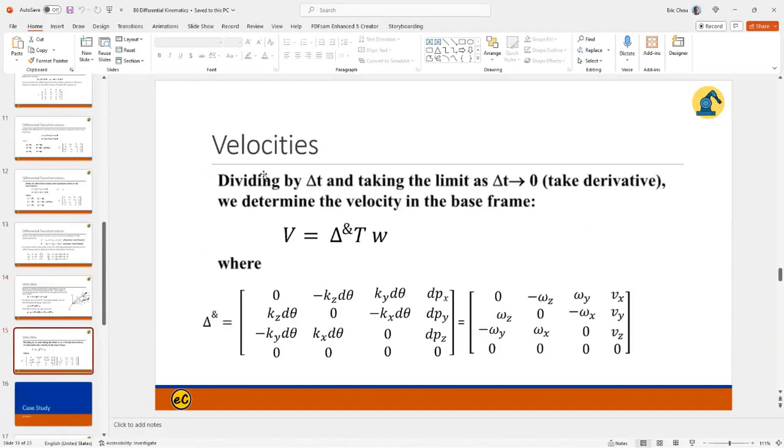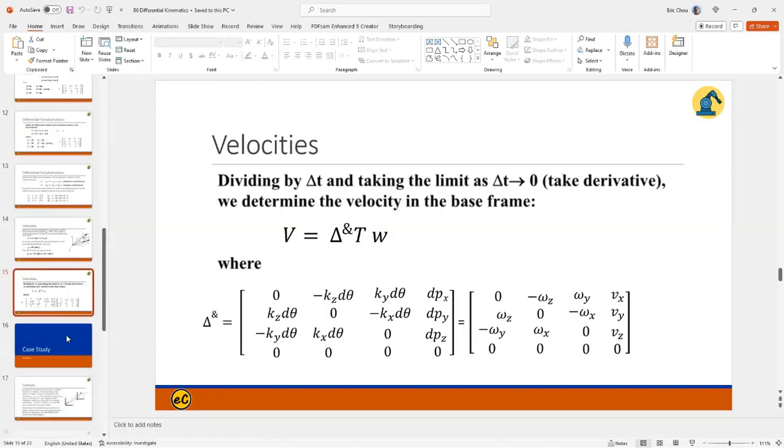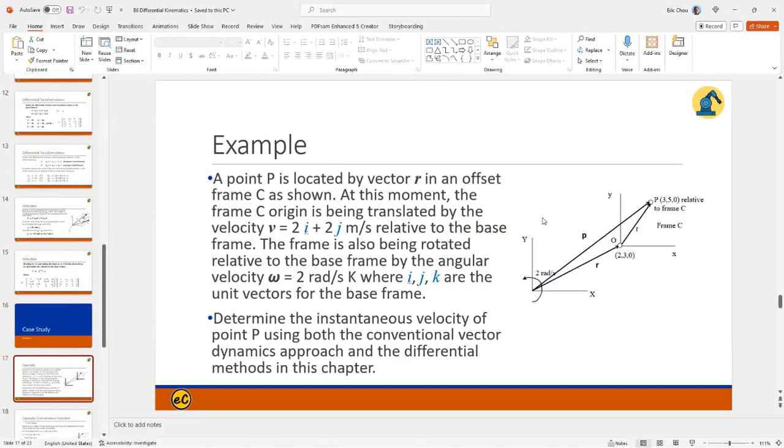Then this matrix operation we put into a case study. A certain frame right here has some point, and your original center has a 2 radian per second rotation. So your base rotates at 2 radians per second, and then it will cause how much change over there.